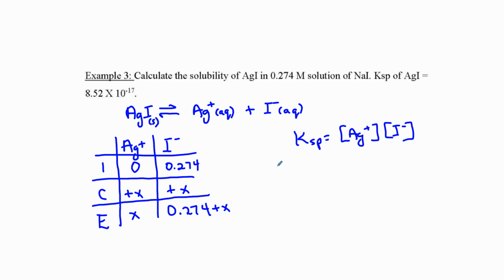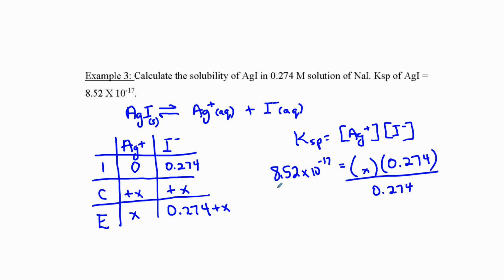Okay, and our KSP value is 8.52 times 10 to the negative 17. And silver is X, and iodide, we're going to eliminate the X and just put it in as 0.274. Now I'm going to divide on both sides, and I'm going to get X is equal to that.